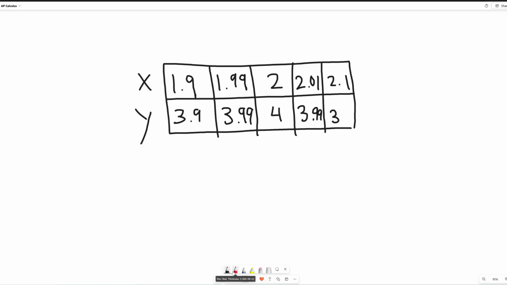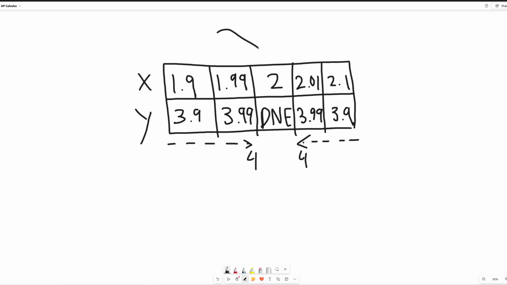However, if you had DNE here, and then the same thing, 3.99, 3.9, then even though at x equals 2 the function's undefined, you can see that from the left and from the right, it approaches the same value, which is going to be 4.